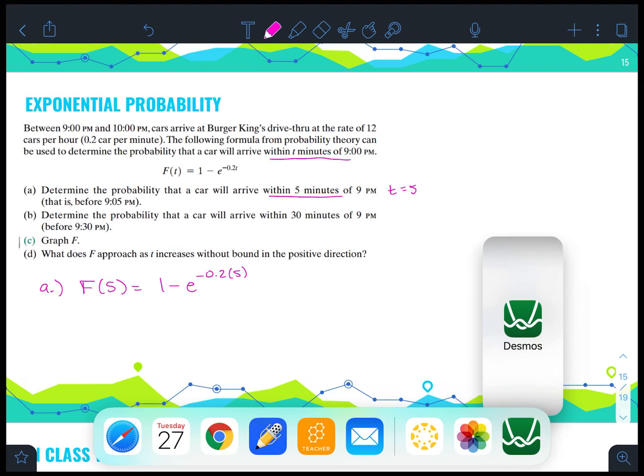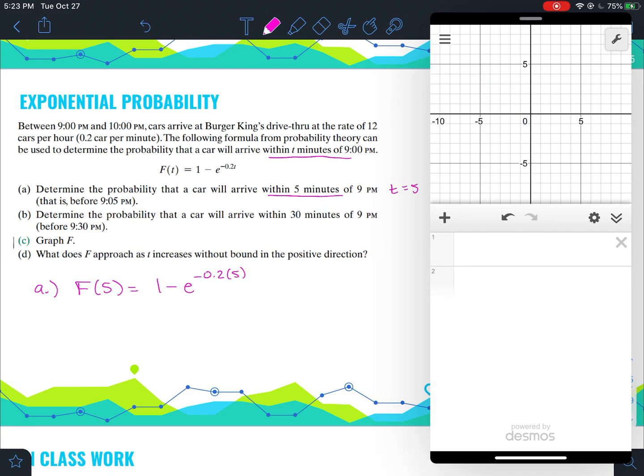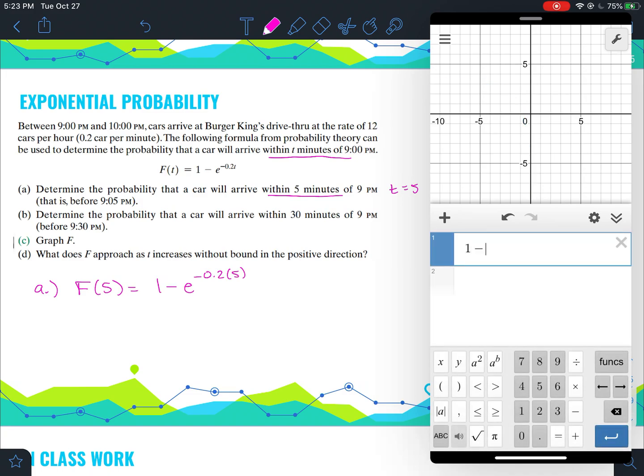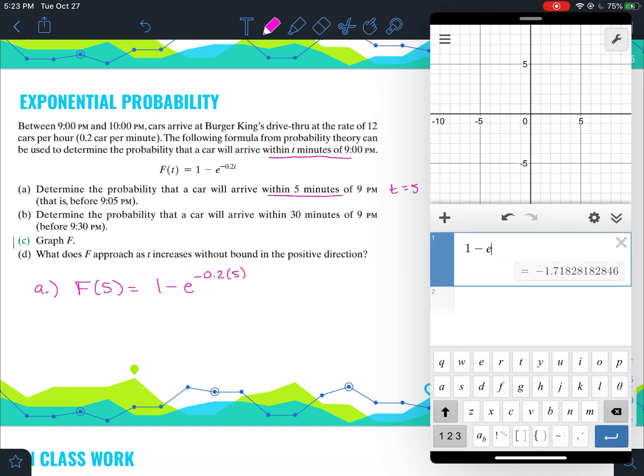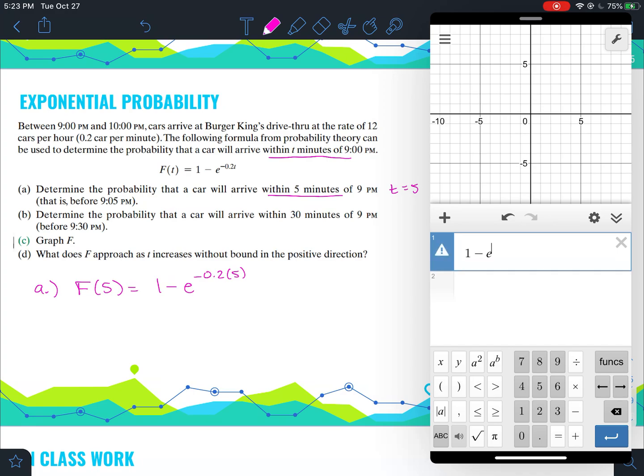It's going to be 0.6321. So there is a 63.21% chance that a car will arrive within 5 minutes of 9 p.m.